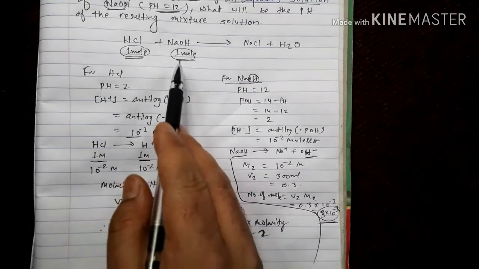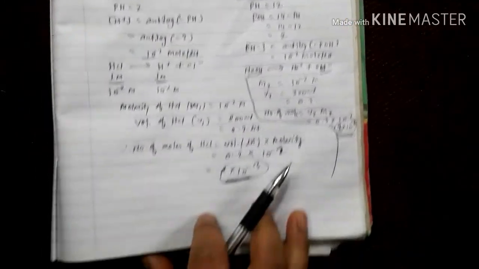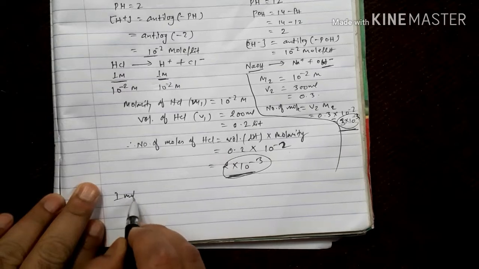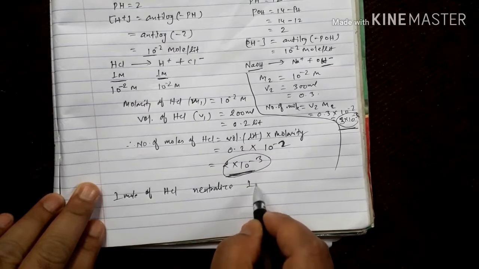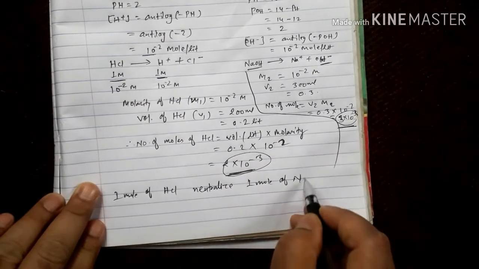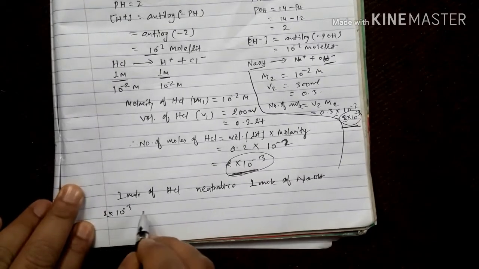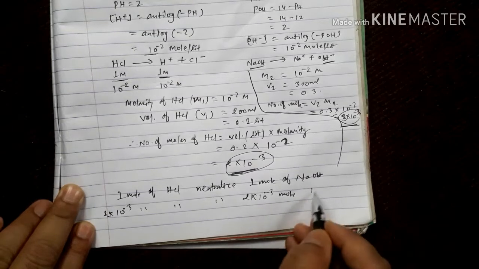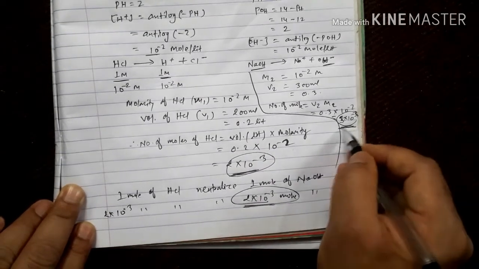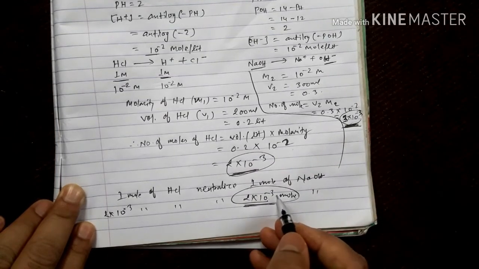It means 1 mole of HCl neutralizes 1 mole of NaOH. 2 into 10 to the minus 3 moles of HCl neutralizes 2 into 10 to the minus 3 moles of NaOH. It means from 3 into 10 to the minus 3 moles, only 2 into 10 to the minus 3 moles of NaOH is neutralized.